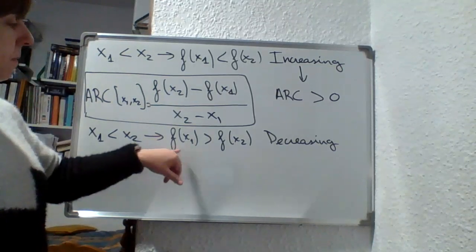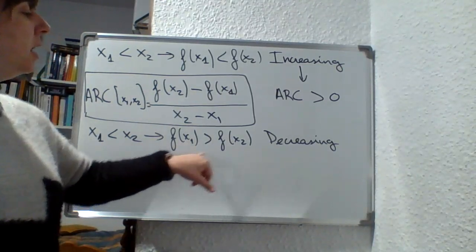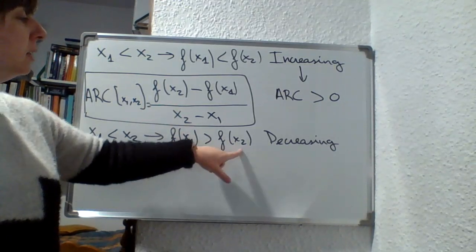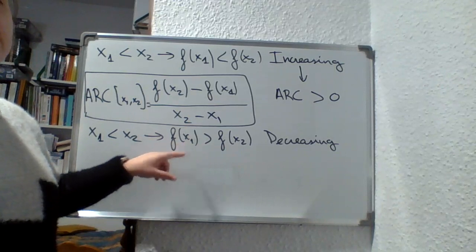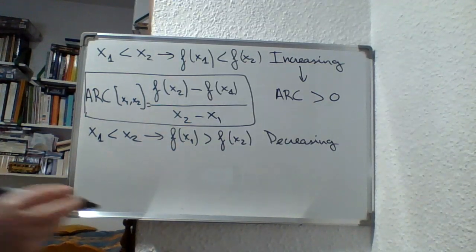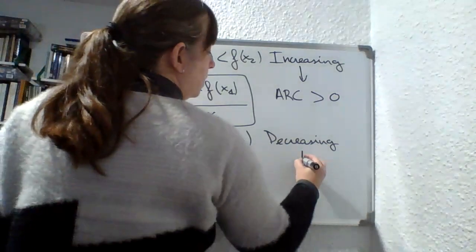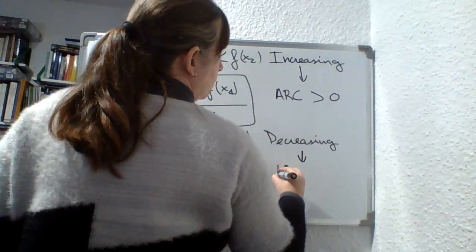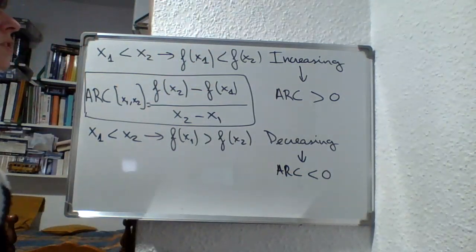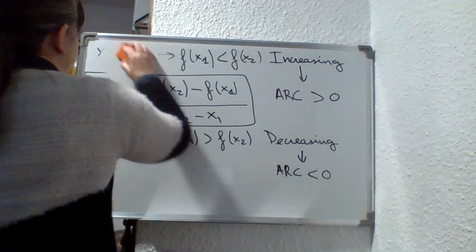And if I have these two values of the function, when I subtract this minus this, as this is bigger, the result is going to be negative. So the average rate of change for decreasing functions will be a negative value. Okay? Let's see some examples with a function.